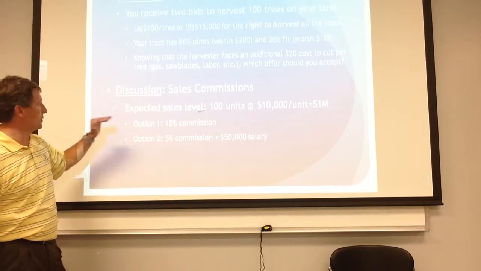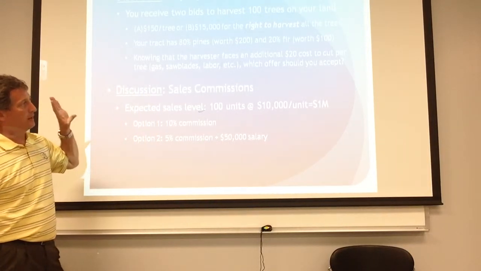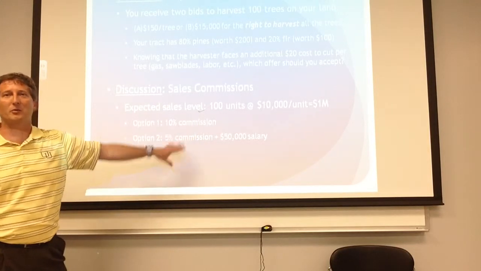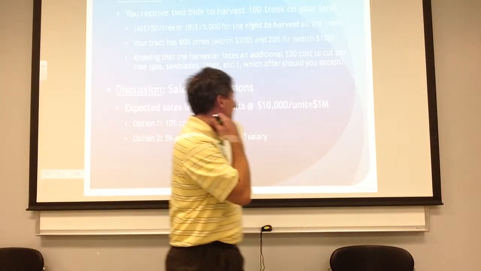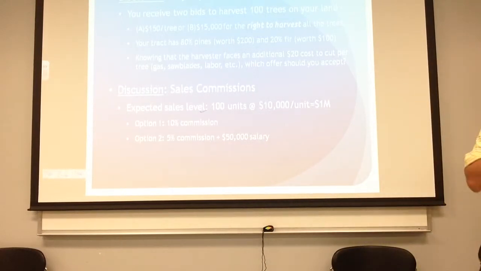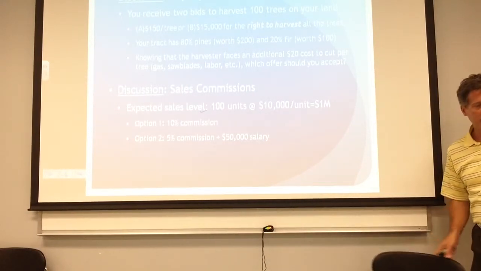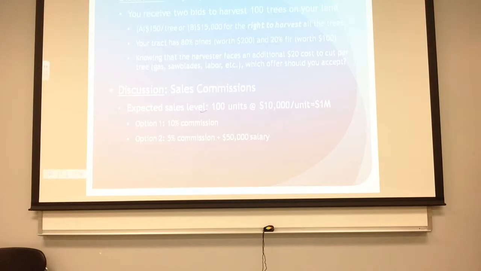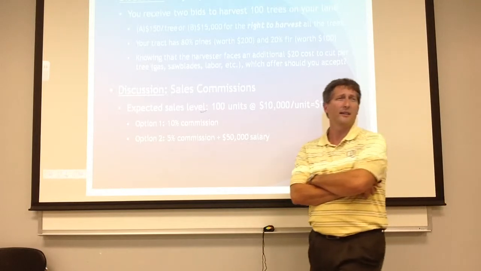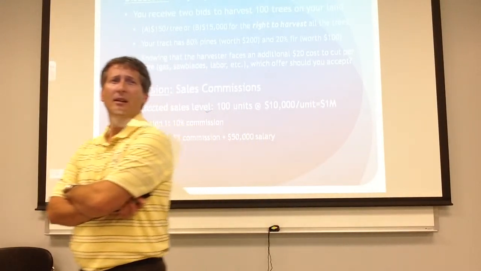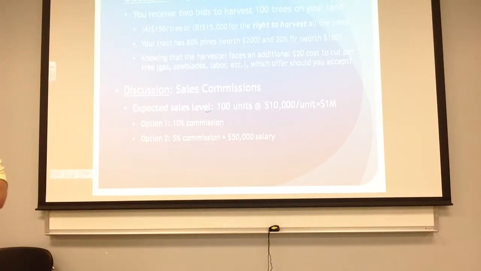So once again, option 1 versus option 2. Which one should we pick? Which would be a better thing to offer our salespeople? The 10%? Why? Okay, they'll feel like they're getting more commission. I'd agree with that. With 10% commission, can you exceed the number of 100 units?